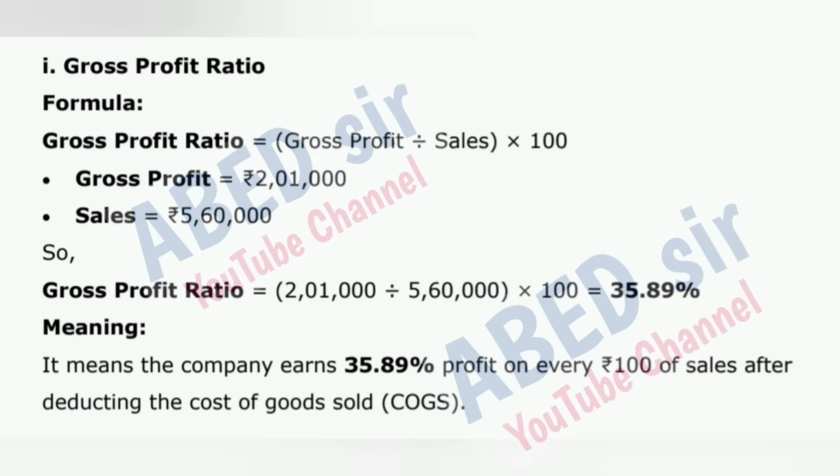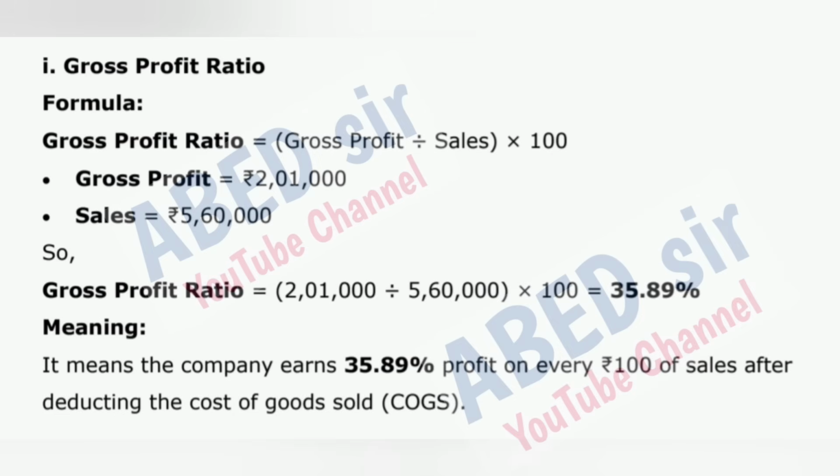1. Gross profit ratio. Formula: gross profit ratio is equal to gross profit divided by sales times 100. Gross profit is equal to 2,01,000 rupees. Sales is equal to 5,60,000 rupees.